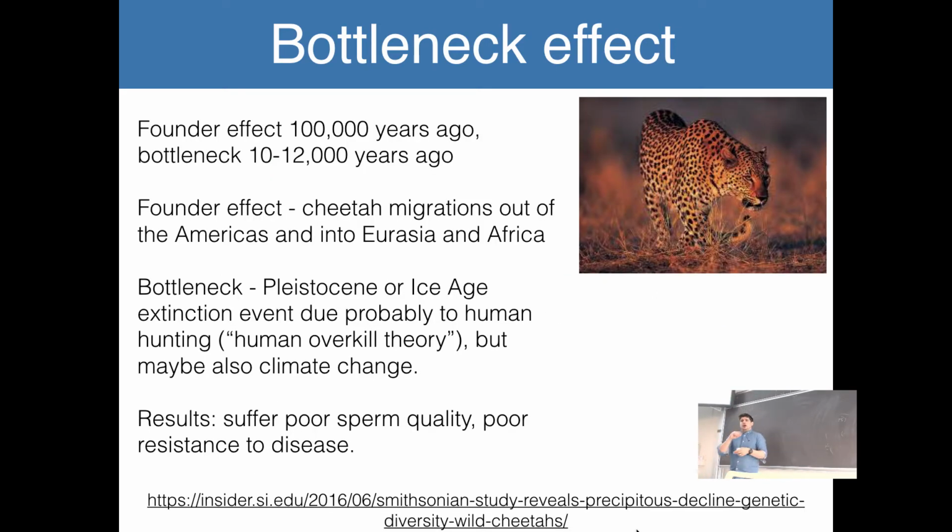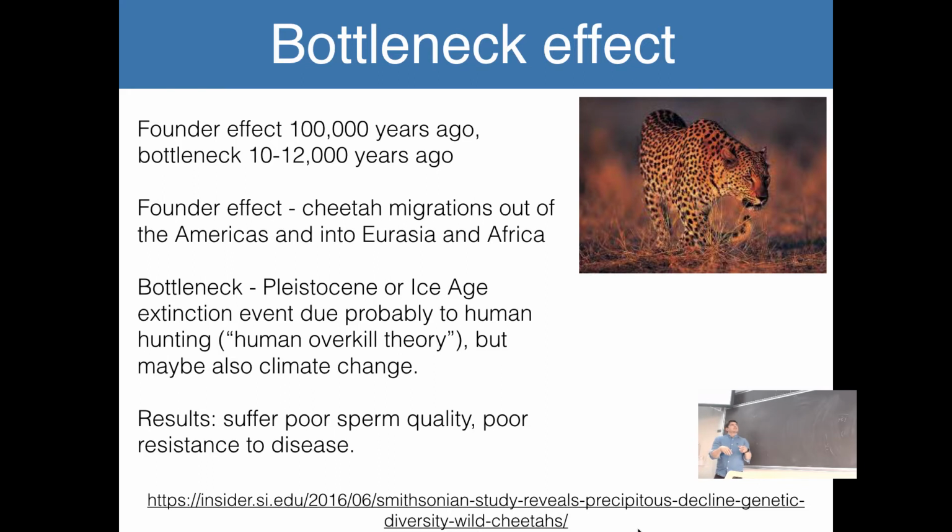And one of the key examples of this is in the cheetah. The idea is that 100,000 years ago there was a founding effect from the ancestral population of cheetahs, so you've got a restriction of genetic diversity then, and then you have a bottleneck effect that occurred about 10 to 12,000 years ago, which is driven by human hunting.